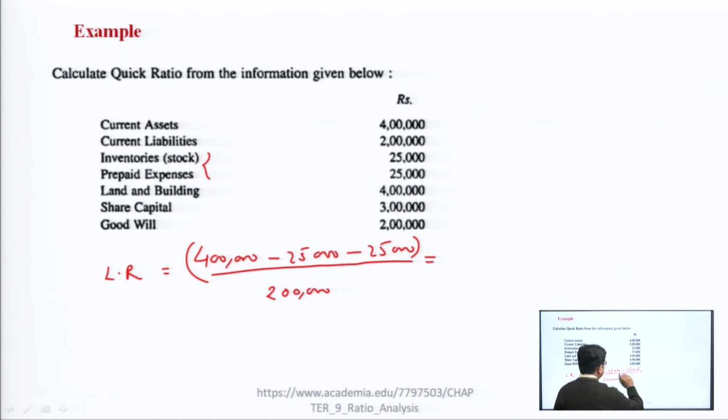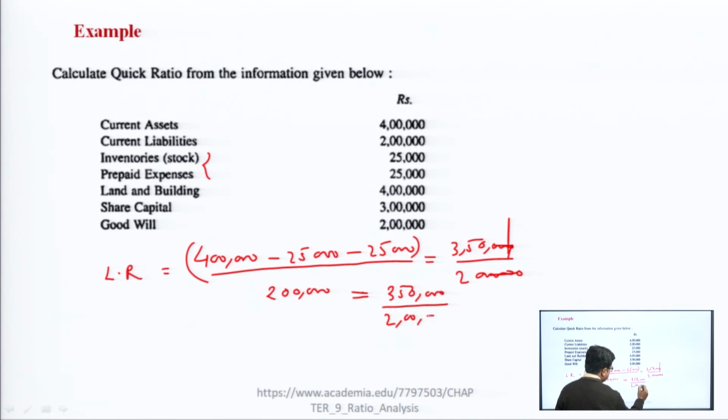So it is now 3,50,000 divided by 2 lakhs. 3 zeros cancel, so 35 divided by 20 equals 1.7 approximately.